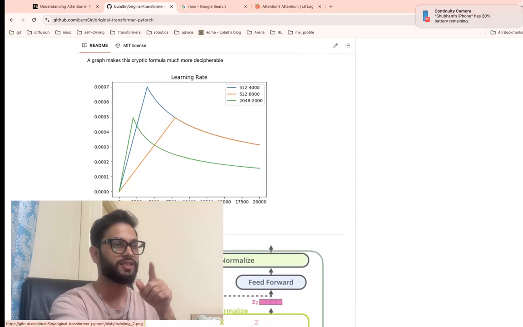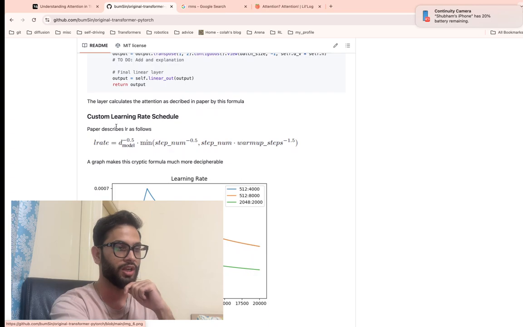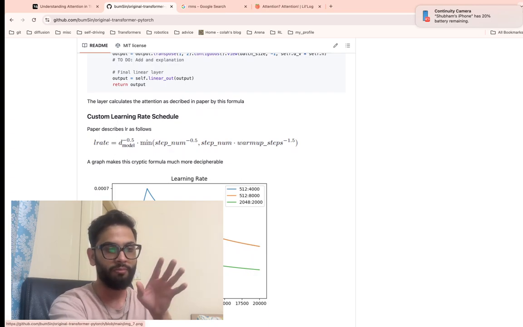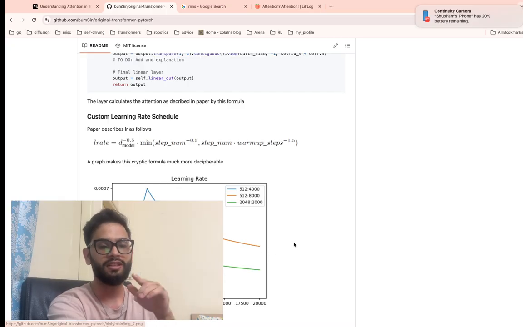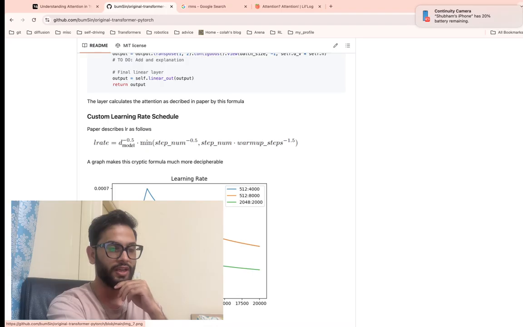So this is the custom learning rate schedule. What they're saying is for warm-up, for some number of steps, they call it warm-up steps, we'll increase the learning rate linearly, then we'll decrease it. The decrease is inversely proportional to the number of steps. So you see, the decay starts from here.